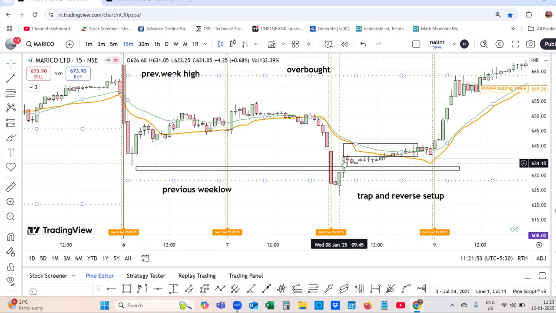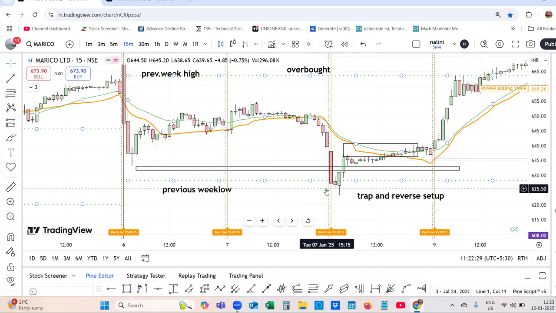there is a sweep of this weekly low acting as a support, and it was a trap and reverse. Institutional money, big money, pushed the market down below the weekly low and trapped sellers. Usually retail traders are taught to go short when a level breaks below.